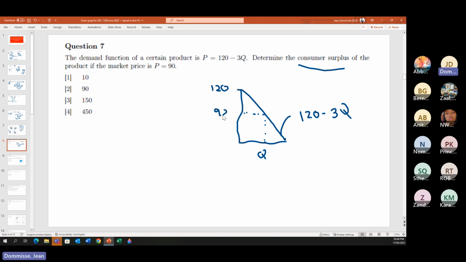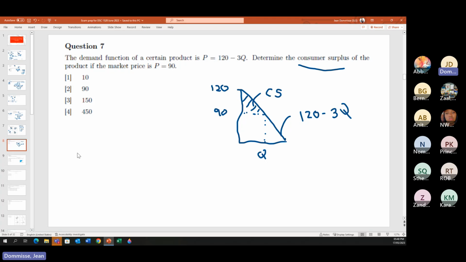So at that point, we need to work out what is your consumer surplus. Remember that part there is your consumer surplus that we need to work out.